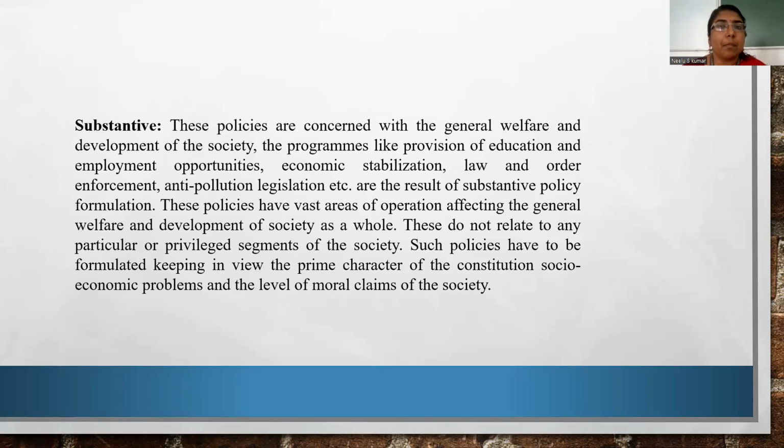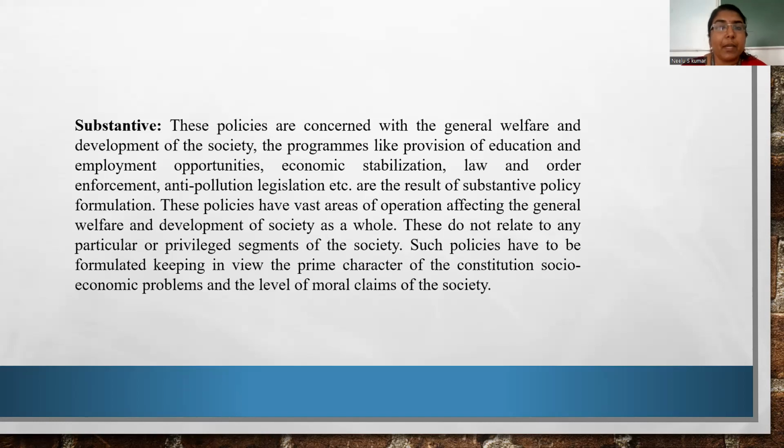The first one is the substantive public policy. These policies are concerned with the general welfare and the development of the society. Programs like provision of education, employment opportunities, economic stabilization, law enforcement, anti-population legislation, etc., are examples of these kinds of public policies.